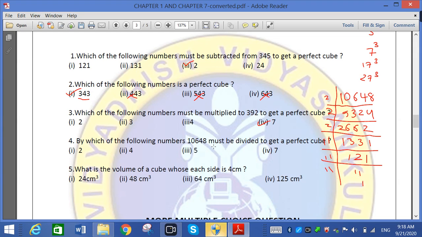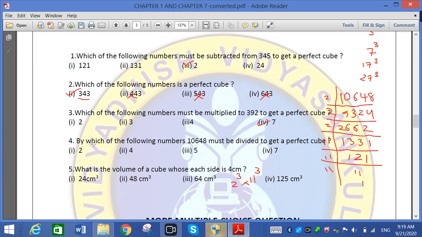So if you look properly, 10648 is already a cube, 2 to the power 3 and 11 to the power 3. So if the question is by which of the following numbers it must be divided to get a perfect cube, out of these options it is not possible to divide.